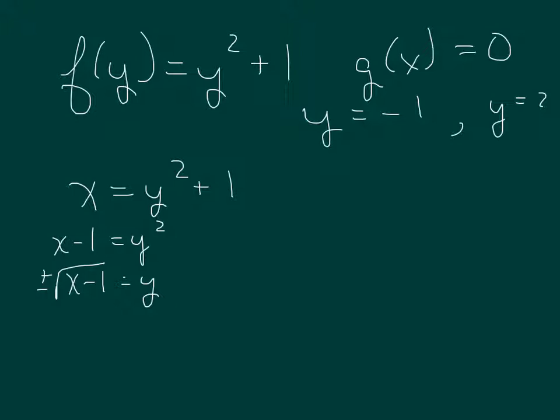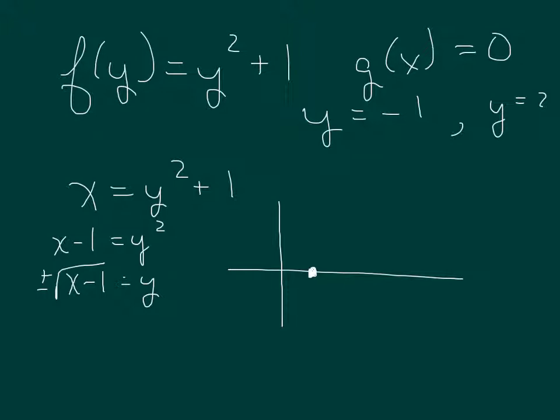All right, so if we graph that sideways parabola, where is this function, y equals plus or minus the square root of x minus 1, equal to 0? At 1. Do you suppose this is going to open to the right or to the left? To the right.